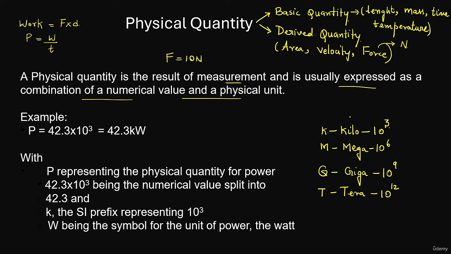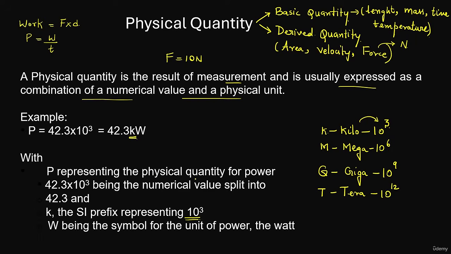So don't miss out how they are represented by a numerical value. As I told you, here we find K. K is the SI prefix representing 10 power 3. Likewise, it is M, mega, giga, and tera.